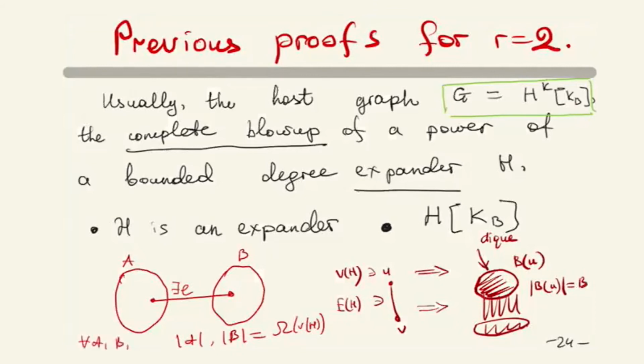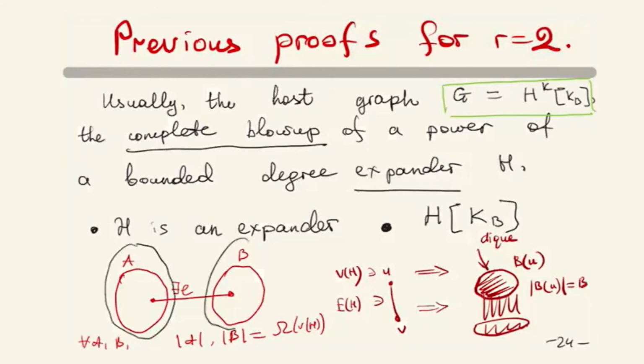So for the bipartite case, the way you would define it is that A lies in one set and B lies in the other set. Bipartite expander means you don't ask for this property for the whole graph, but you say there's some underlying X and Y.